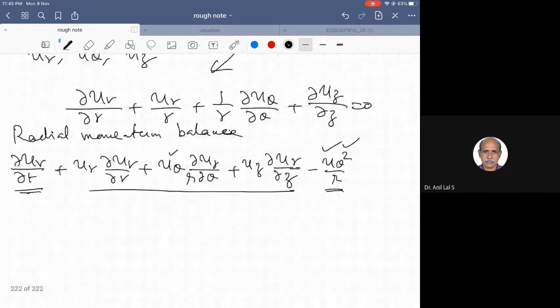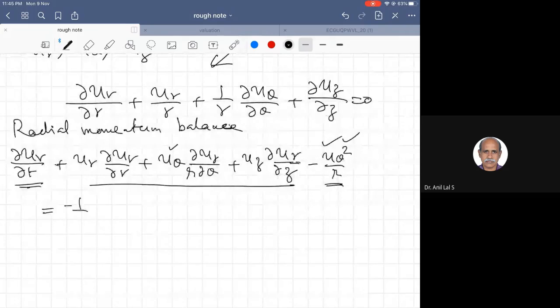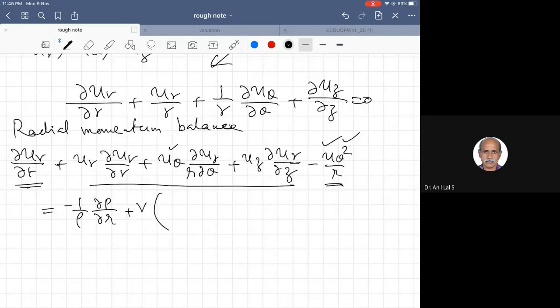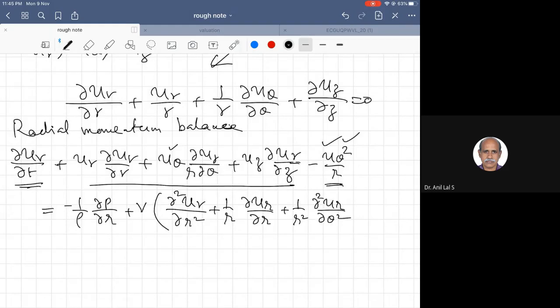Coming to the right hand side, we have minus 1 by rho dou p by dou r plus mu into the Laplacian, that is dou squared u r by dou r squared plus 1 by r dou u r by dou r plus 1 by r squared dou squared u r by dou theta squared. This is the Laplacian of u r.